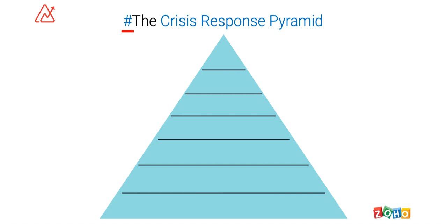At the bottom of the pyramid are the essential elements, or I would rather call them the de facto for handling a crisis such as this. And the elements are work from home, adoption of remote tools, data security and availability, communication, upskilling, and a lot more.